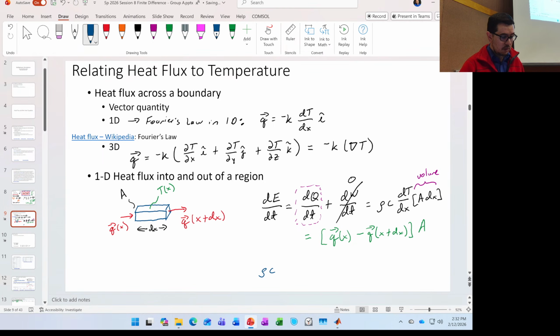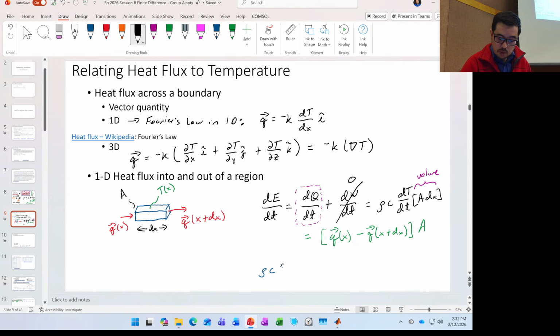Okay, hold on. Oh, sorry, that was wrong. Yeah, the change in time. So rho c dt, and we have our A dx, so we can divide both sides by dx. So we're looking at this versus equal to this.